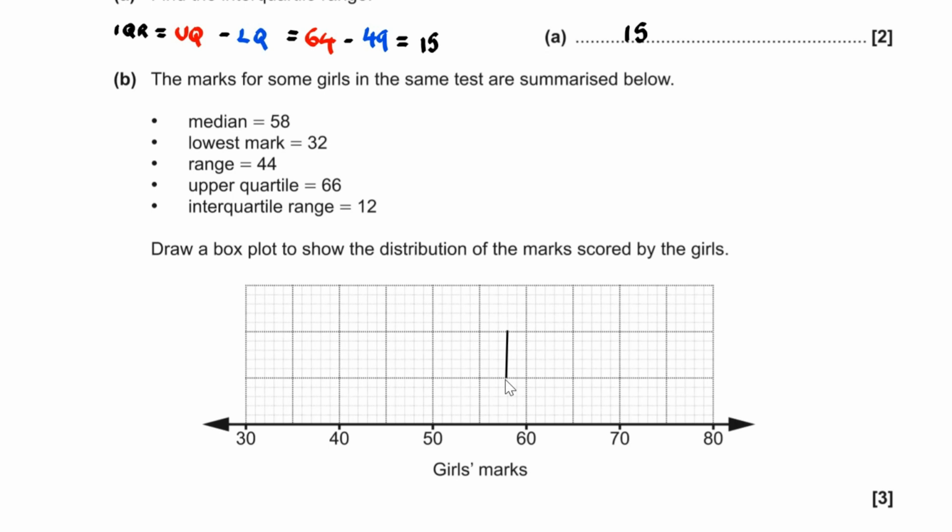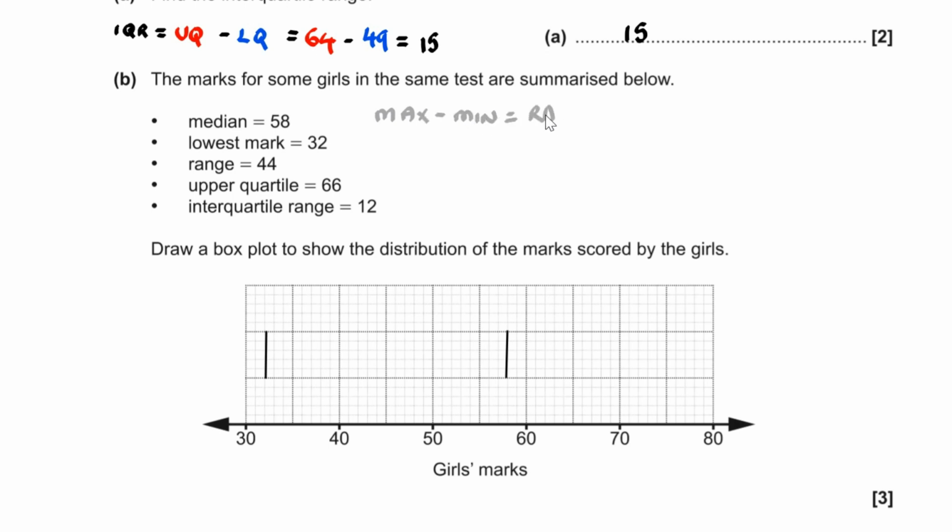We've got the lowest mark given as 32, so we've got 30, 31, 32 over here. And we've got the range equaling 44. Well, how does this help us? The range is equal to the maximum take away the minimum.